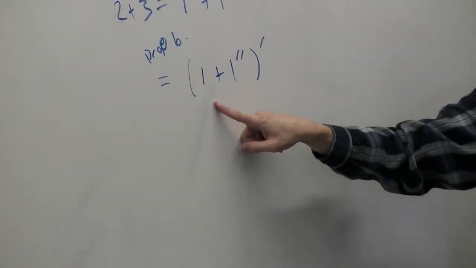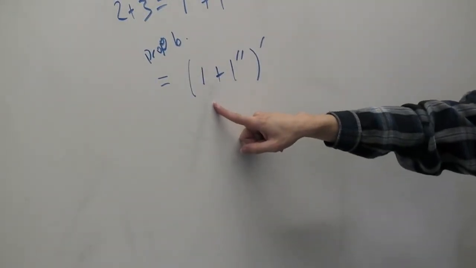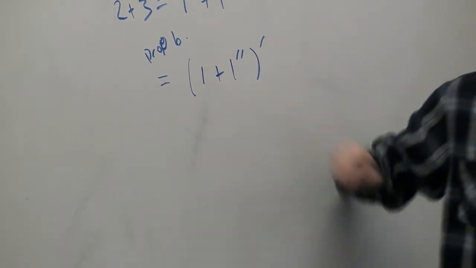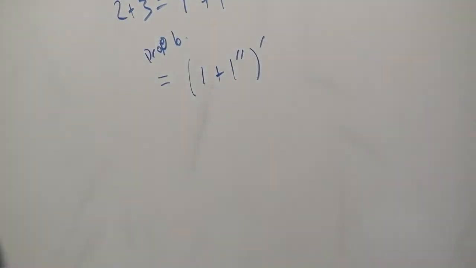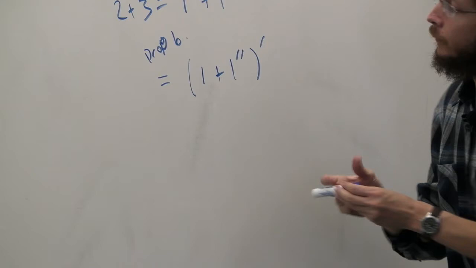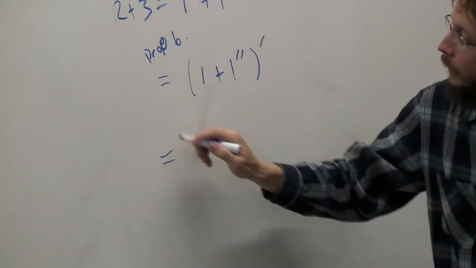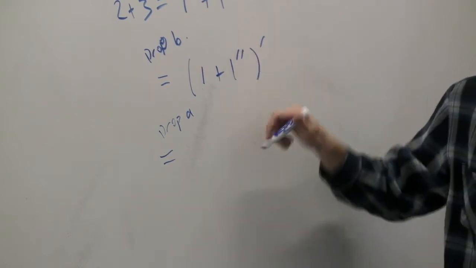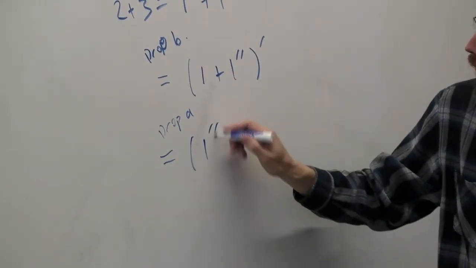It's 1 plus 3, but it's 4. It's 1 successor, right? Because what does property A say? When you have 1 plus any number, that's the same as just taking the successor. So here we go. We have 1 plus any number. And so by property A, we know that this is take this number and take 1 more successor of it.